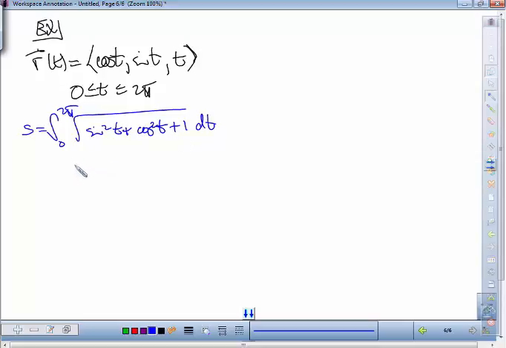This is just square root of 2, which is a constant. Integral from 0 to 2 pi, square root of 2 dt. So this is just square root of 2 times 2 pi minus 0. So here you go.